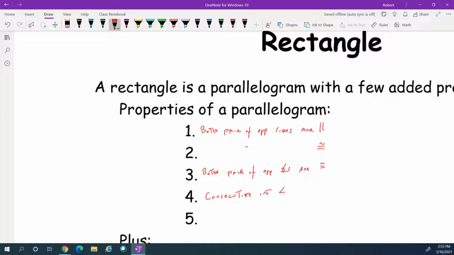Consecutive interior angles in both directions are supplementary.